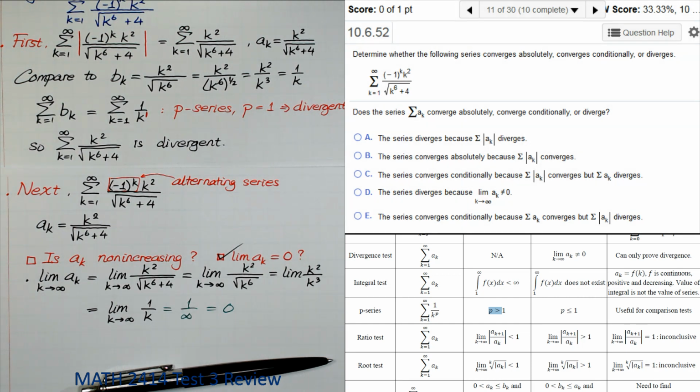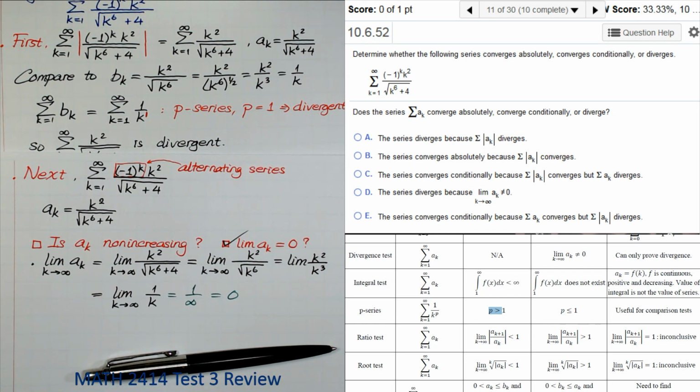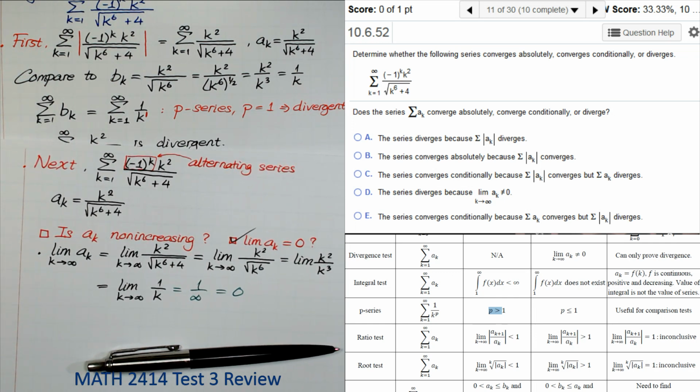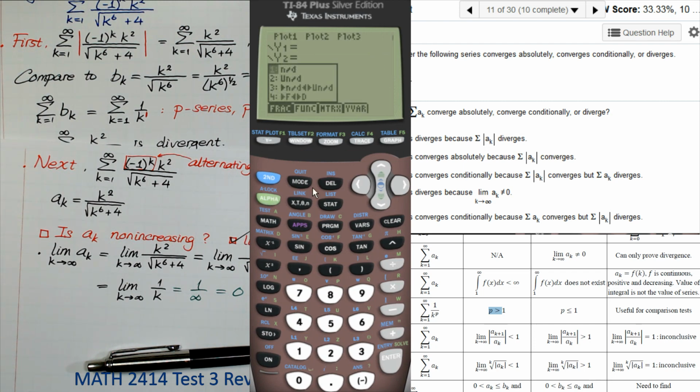Oh, where's the calculator? I forgot, I didn't have a calculator yet. Just graph. K square, let's do the 6.